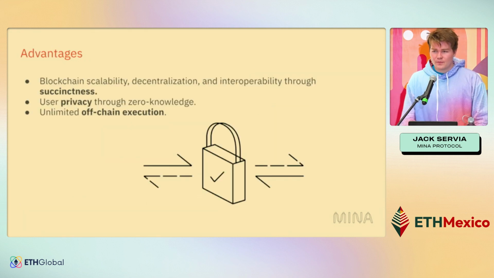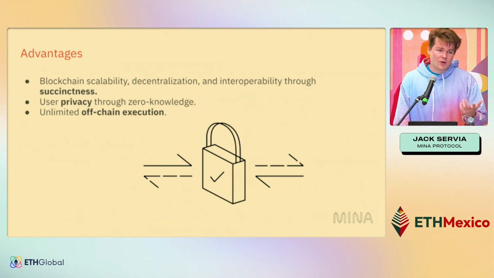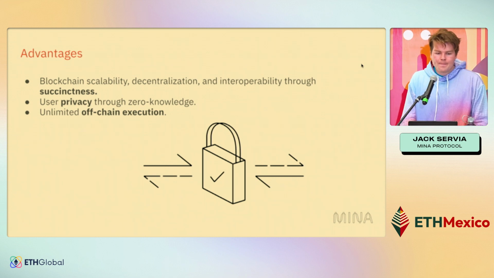This is useful for a couple of different reasons. The most interesting, I think, is that you have privacy by default. Anything that you do, you're doing on your local machine. It doesn't leave your local machine unless you deliberately send it away. And so this opens the door to a whole bunch of different kinds of applications that I don't think people have been able to think seriously about building on blockchains like Ethereum yet.